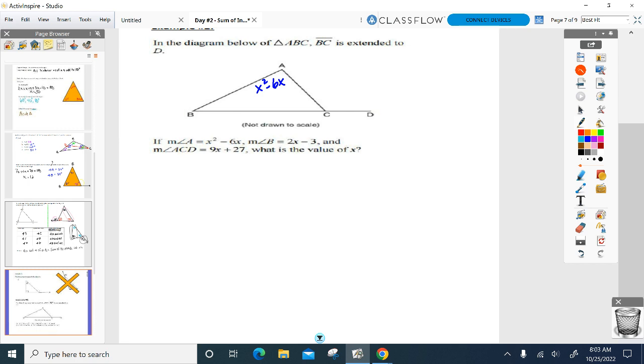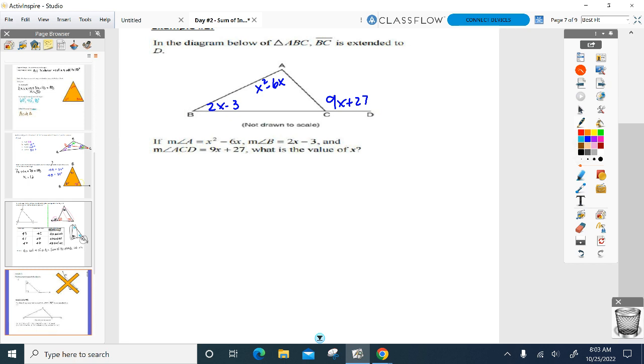Angle B, 2x minus 3. ACD, everyone see that angle? Where is that angle? Exterior, it's on the outside. A to C to D, 9x plus 27. This is going to be great. What's the value of x?